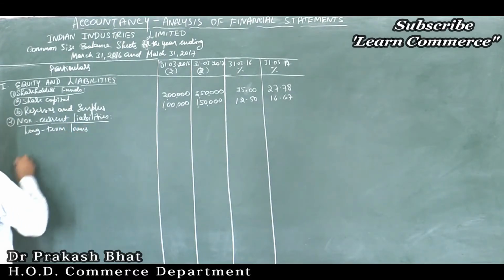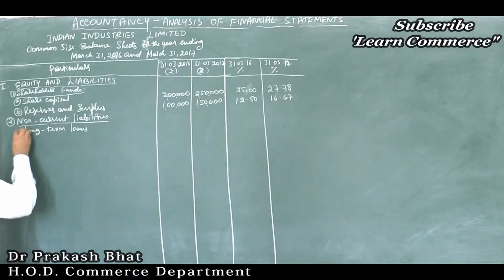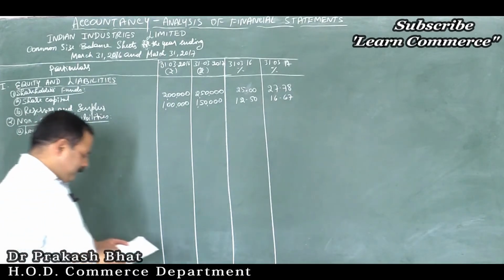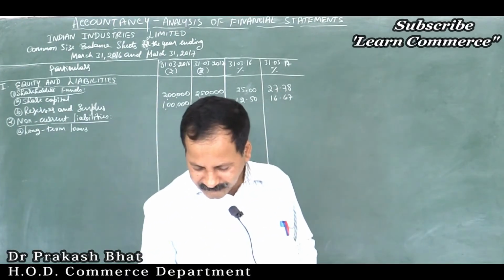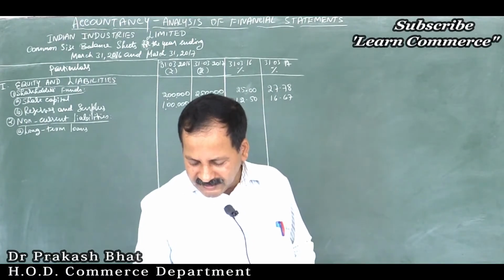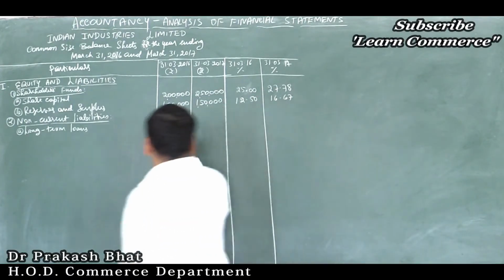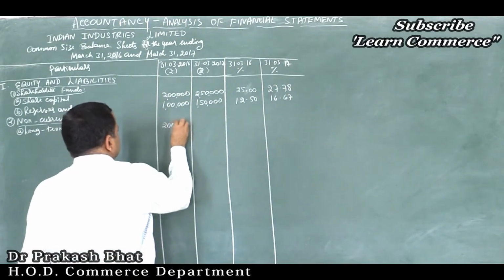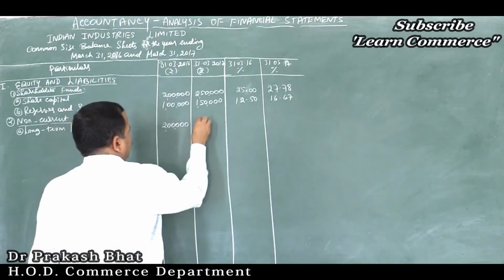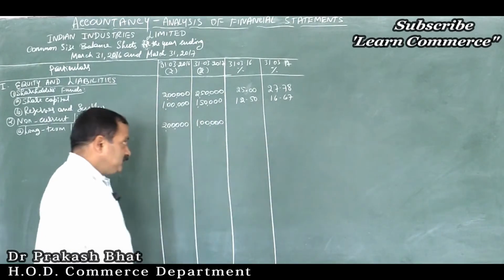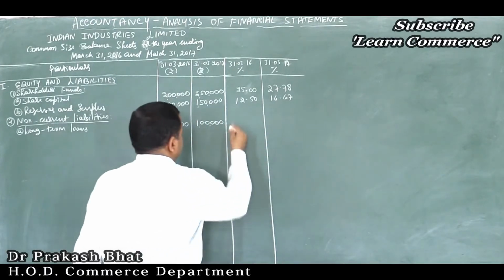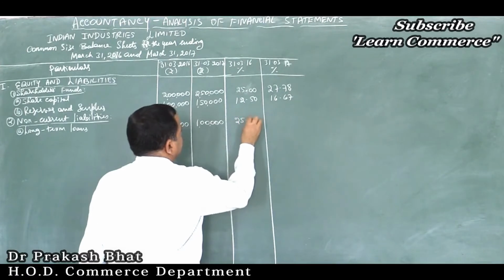In the problem it is given as loan, so write long-term loans. How much is it? 2 lakh and 1 lakh. 2 lakh, you know it very well, is 25%. We have already calculated, right?